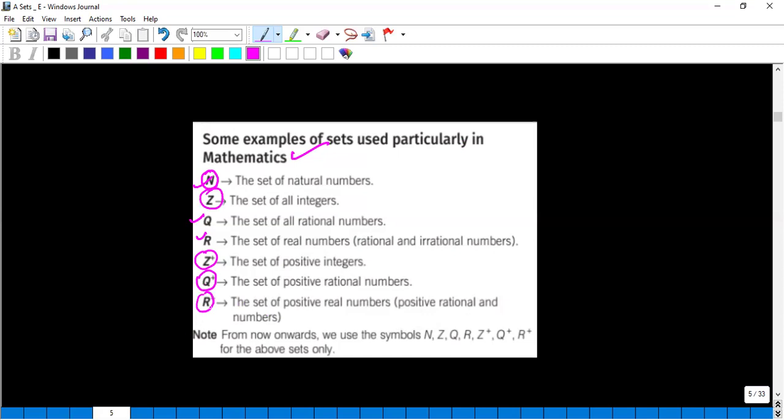So whenever we are talking about natural numbers, we will take the symbol N. Suppose I am taking a number A, that number is a natural number. N takes all natural numbers.